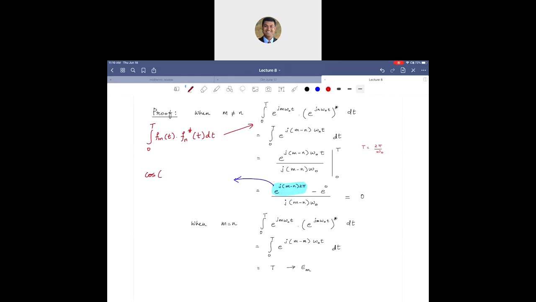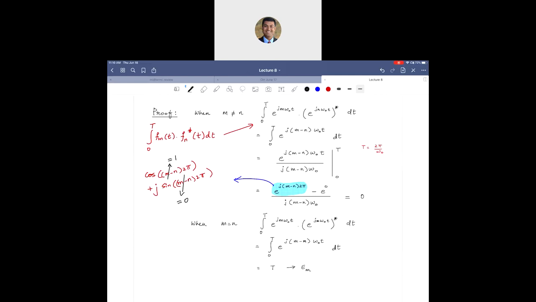cosine of (m minus n) times 2 pi plus j sine of (m minus n) times 2 pi. And as you know, integer multiples of 2 pi for a sine function will evaluate to 0, and integer multiples of 2 pi for a cosine will evaluate to 1.